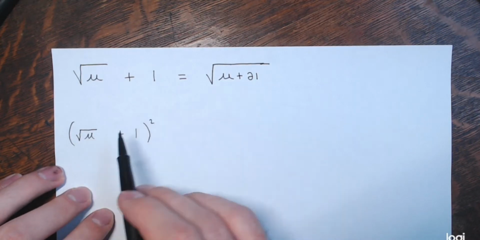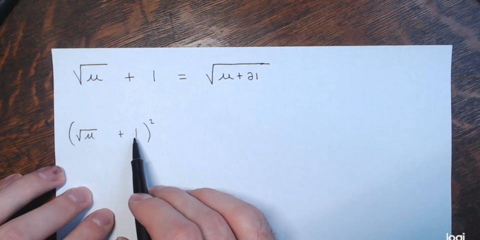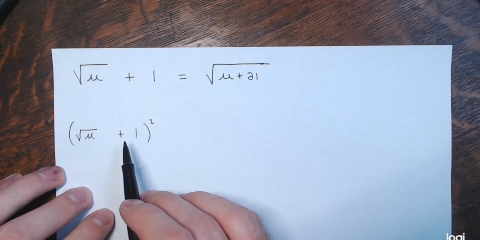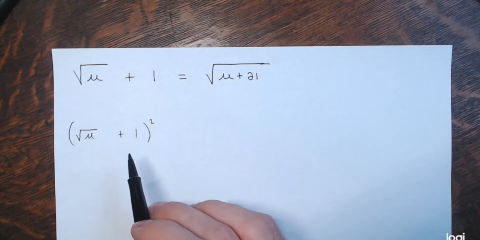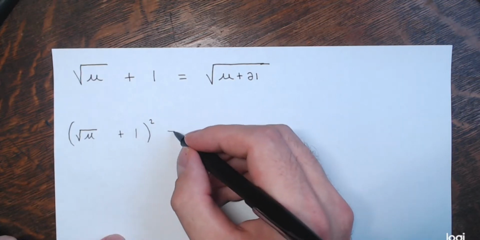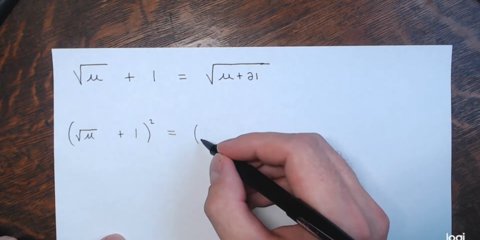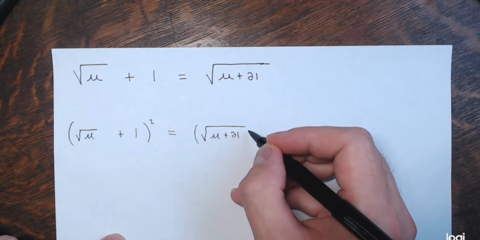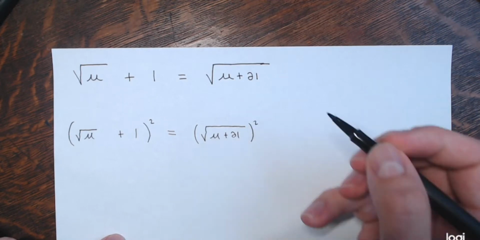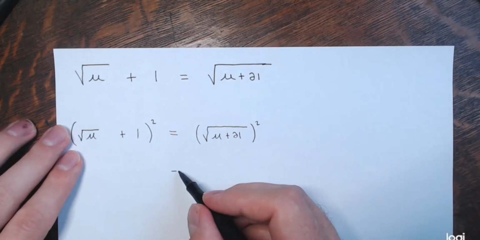Now the left side has 2 terms, so I'm going to be foiling here. It's the square root of u plus 1 times the square root of u plus 1 again, and then you would FOIL. On the right side, when I square the right side, that square root would go away, the radical would go away, and I just have u plus 21.